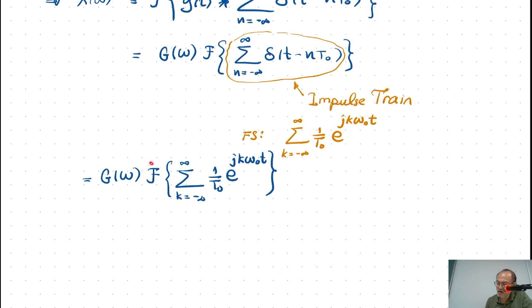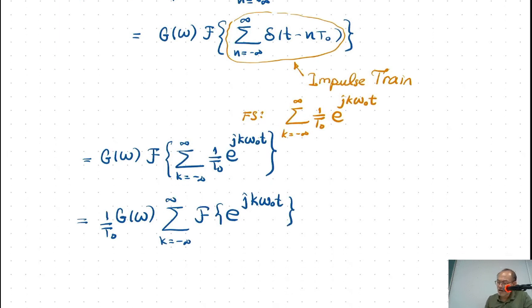Now I can take the Fourier operator inside of the series. So I'm going to have G of omega, then 1 over t0, and the summation k going from minus infinity to infinity of the Fourier transform of e to the j k omega 0 t. Now I can use a property of the Fourier transform, the complex exponential property.